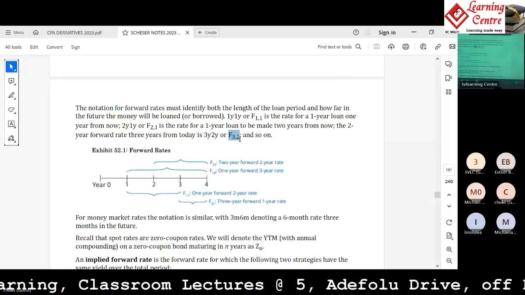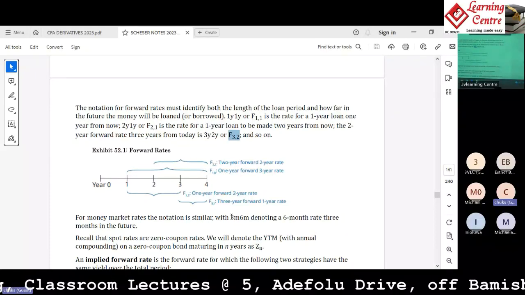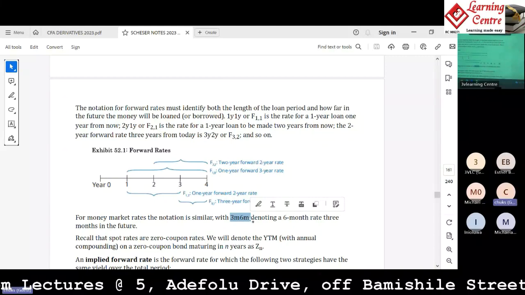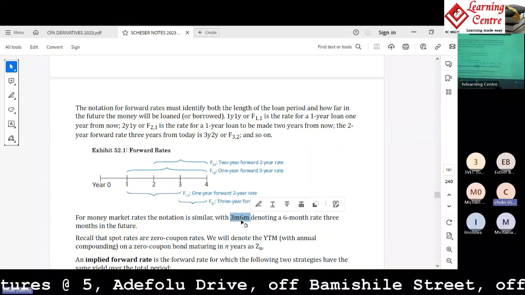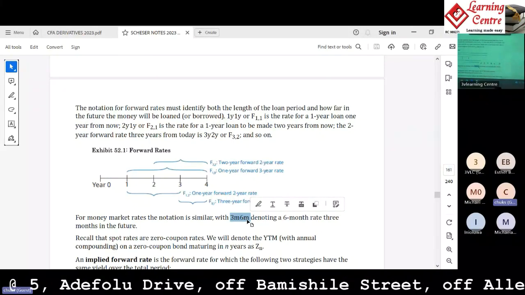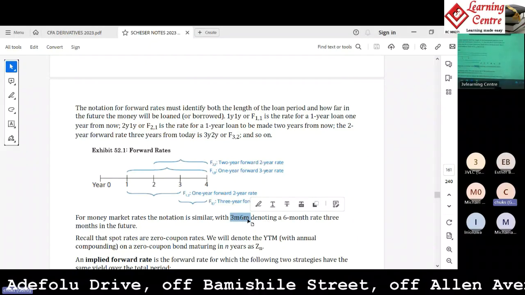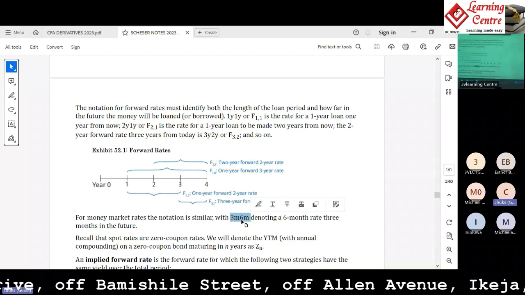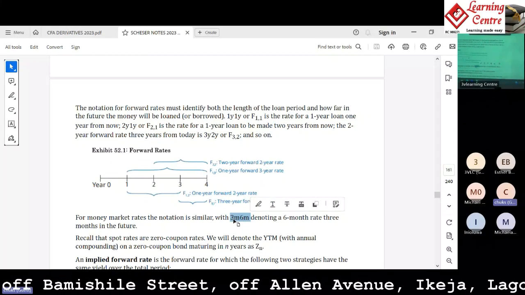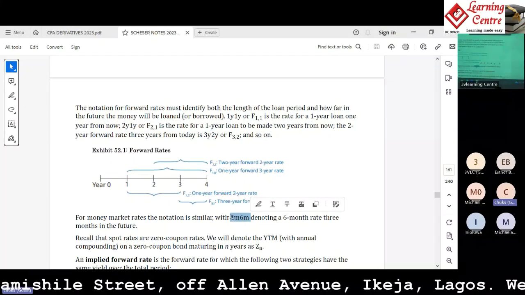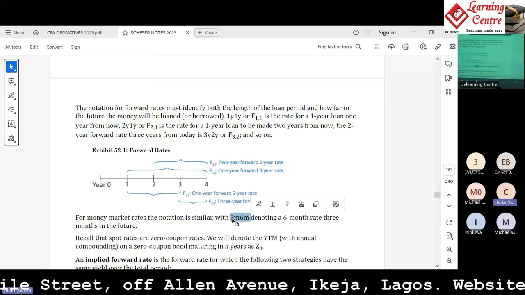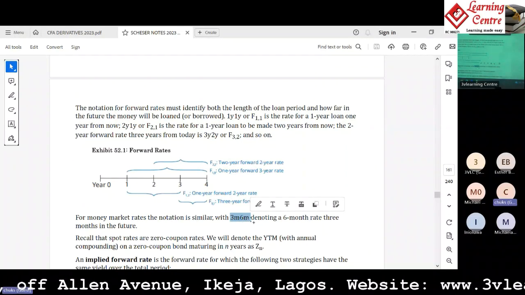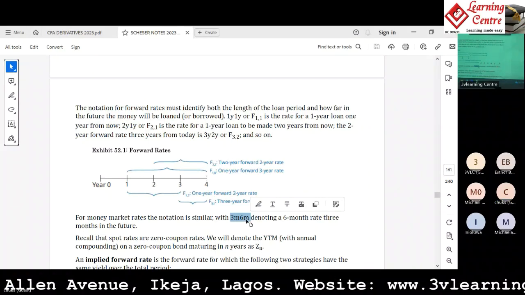You see this one also: 3M, 6M. Remember we said the second one is the length. So this is a 6-month period, but it is starting 3 months in the future. So 3 months from now is when it starts, and the second number is how long it is going to be.